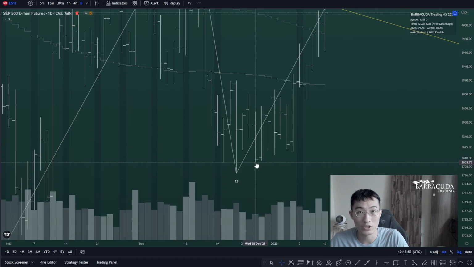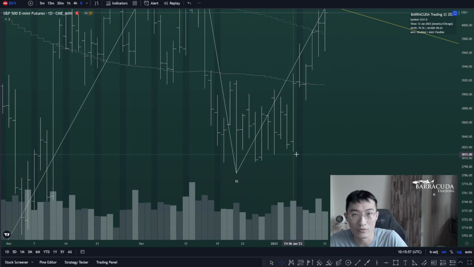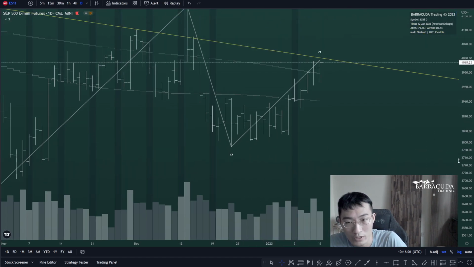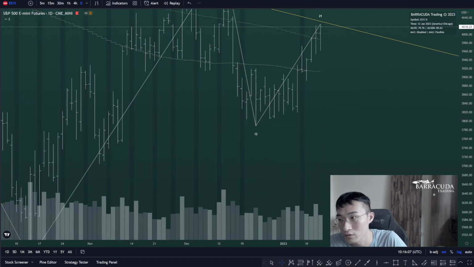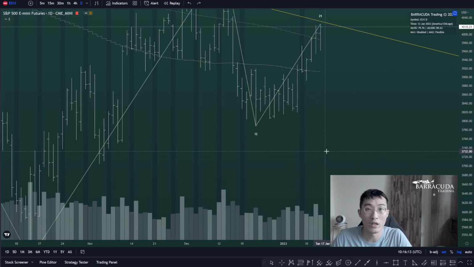Which indicated a very strong sentiment to the downside. And these kinds of bars, I mean, they look really horrible. And you know, when we see such things, we want to look for follow through. Follow through meaning the price would just continue committing to the downside. So that did not happen.